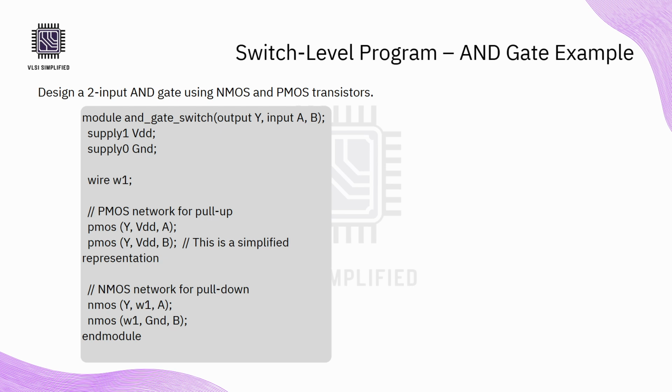The PMOS transistors are part of the pull-up network and the NMOS transistors form the pull-down path when both A and B are high. Notice how we have to manually wire each transistor. This gives us full control but is also much more tedious compared to higher levels. Also keep in mind this level is just for simulation and learning purposes. In real world design, we typically don't write logic at switch level.